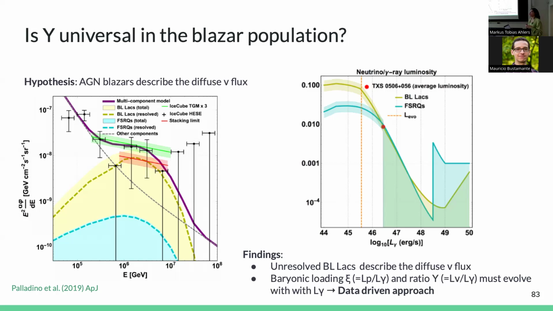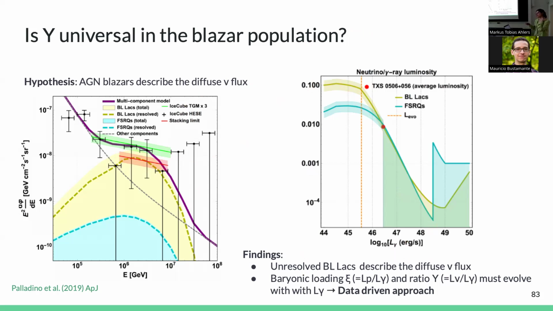Okay, what do I need in order to be consistent also with stacking limits from AGN gamma ray catalogs? And they found that this Y parameter, which is shown here, should decrease with the gamma ray luminosity. So the most luminous gamma ray sources should be less efficient neutrino emitters. But this was a data-driven, let's say, result in a sense.